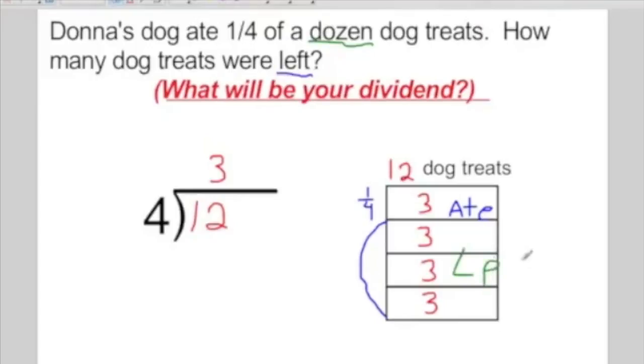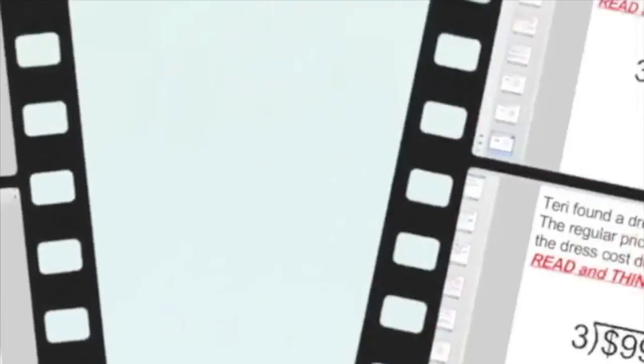So if she ate 3 of them, how many of these were all left over? Looks to me like 3, 6, 9. In this case, you really couldn't multiply by the numerator because you had to do a little bit more reading and thinking, and that's why they want you to draw it out with a diagram every time.